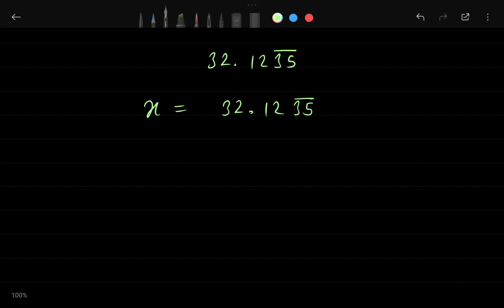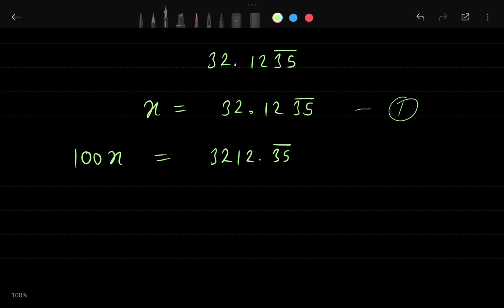Now you have to see how many digits after the decimal are not being repeated, because this is the case of a mixed repeating decimal number. There are 2 digits. So we will multiply equation 1 by 10 to the power 2. So you will have 100x, and on the other side you will have 3212.35 bar.